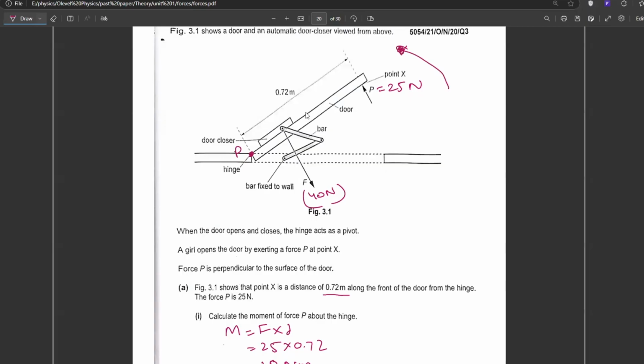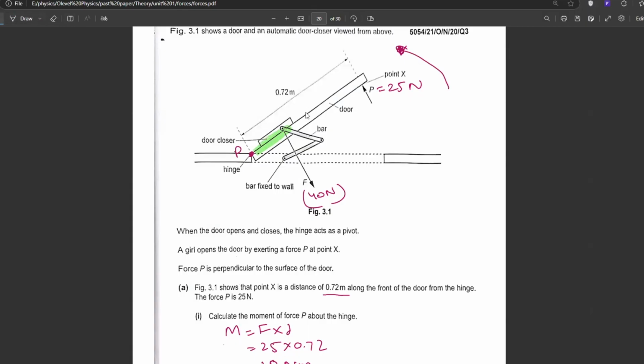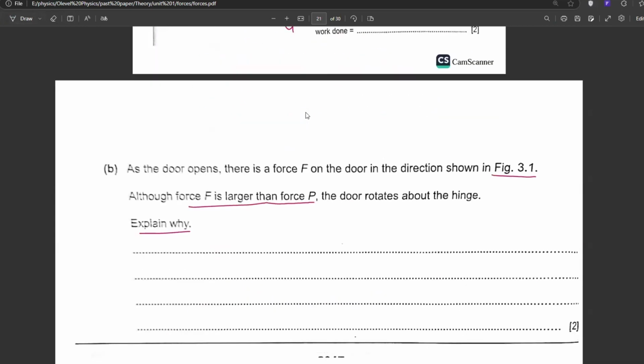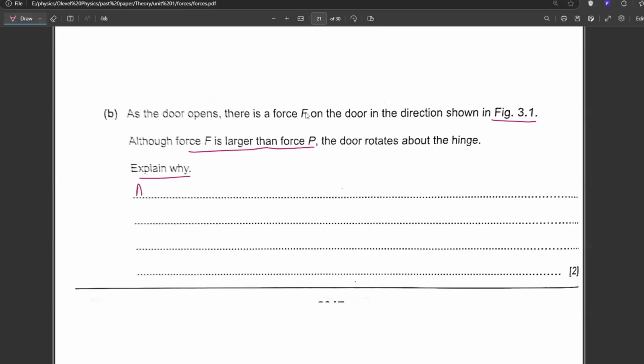Why is that the case? Because although force F is greater, its distance from pivot is less. So the door rotates in the direction of force P. You can write this: although force F is larger, but the distance of force F from pivot is smaller.